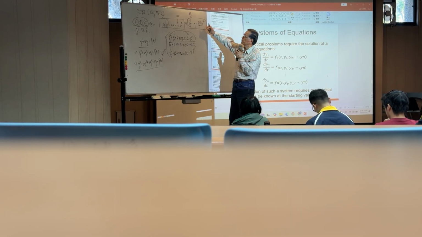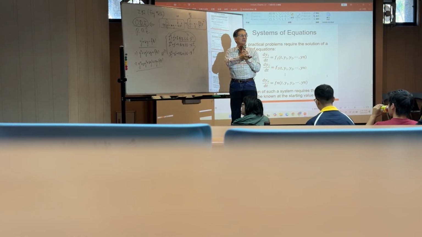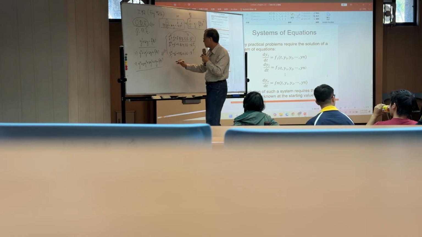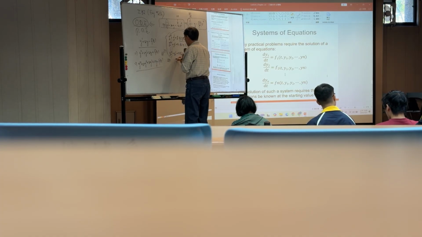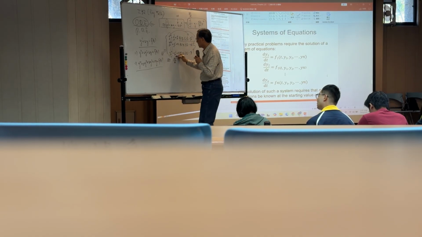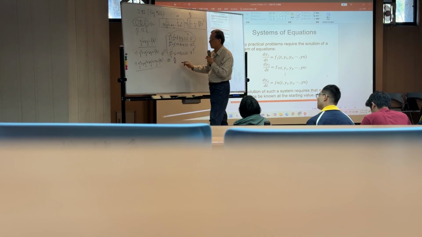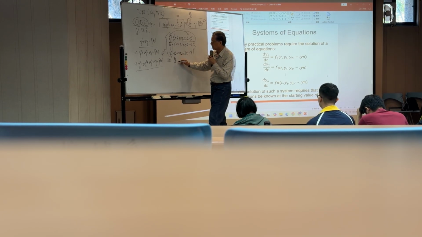Let's take this example. This example originally is second order differential equation, higher order. So originally this example, let's take a look, is dy over dt, right? This is dy over dt, right? And actually it is the second differentiation, d squared y over dt squared.